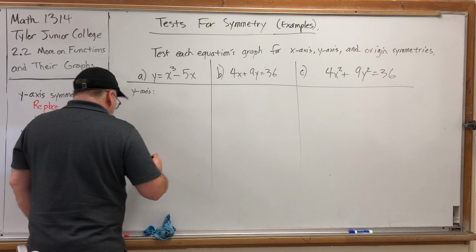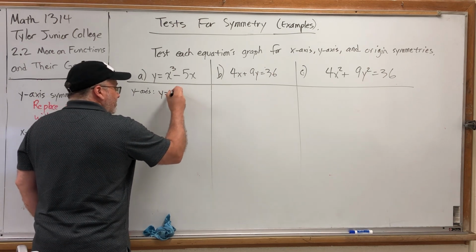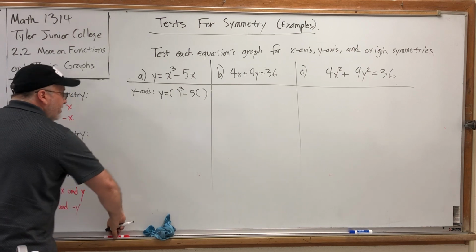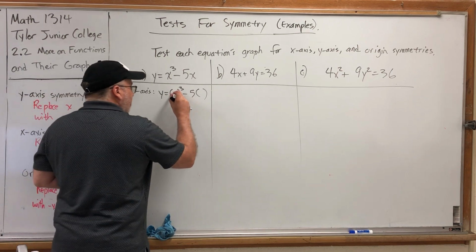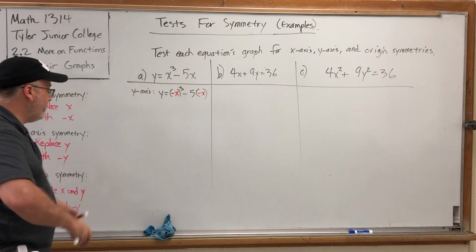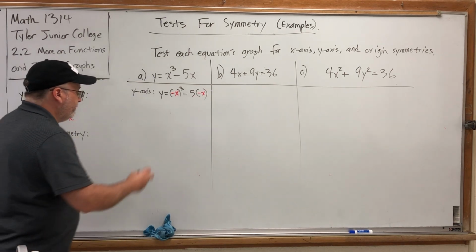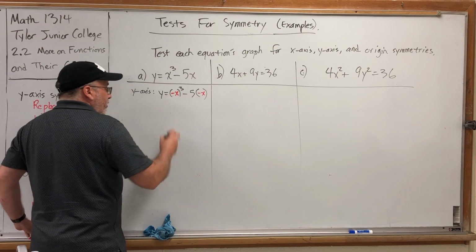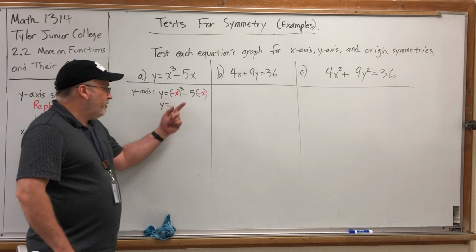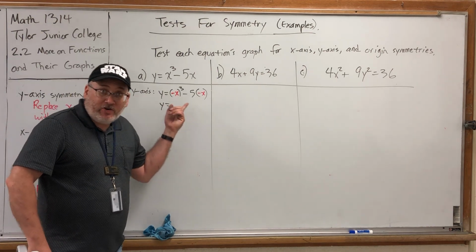So let's take this equation, and everywhere there's an x, let's remove it and leave some empty parentheses, and then replace it with negative x. And now we need to clean it up and see if we preserved the original equation. This is really just a matter of deciding what happens to the negative. I know I'm going to get an x cubed, but will it be positive or negative?